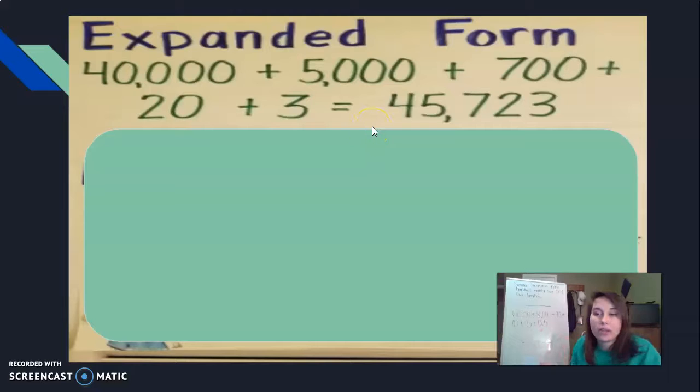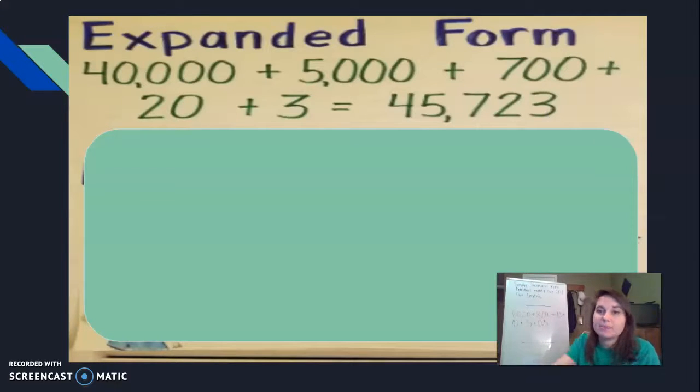Well, we can write this number in standard form by just taking out all of those zeros. And remember, you always want to start with the biggest number. So I have my 4, 5, and then notice the comma is right next to that 5. So I'm going to keep that comma right next to that 5. 7, 2, and 3.